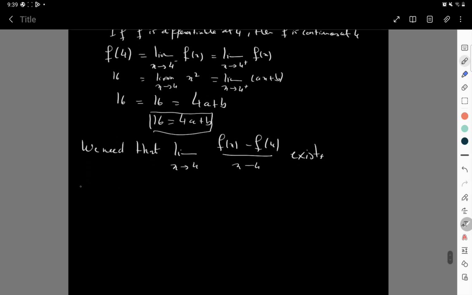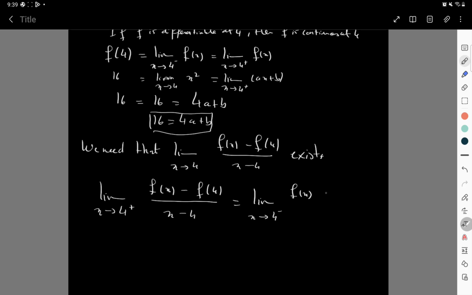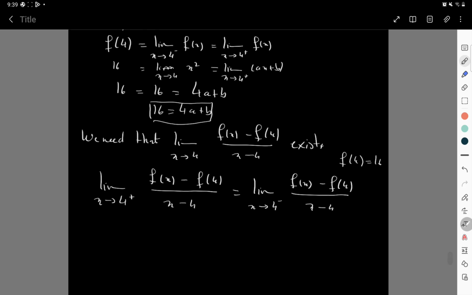So we need that the limit as x goes to 4 plus of f of x minus f of 4 over x minus 4 is equal to the limit as x goes to 4 minus of f of x minus f of 4 over x minus 4. Now notice that f of 4 is equal to 16.